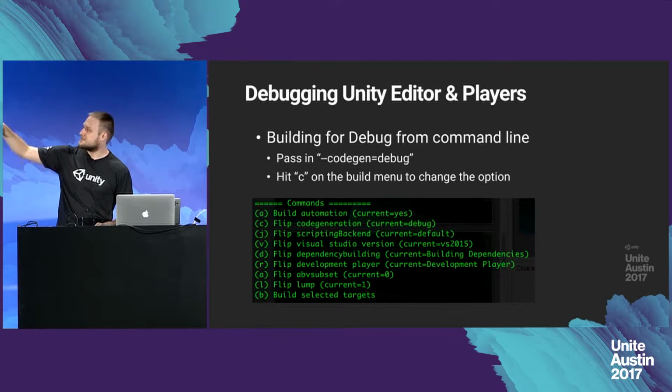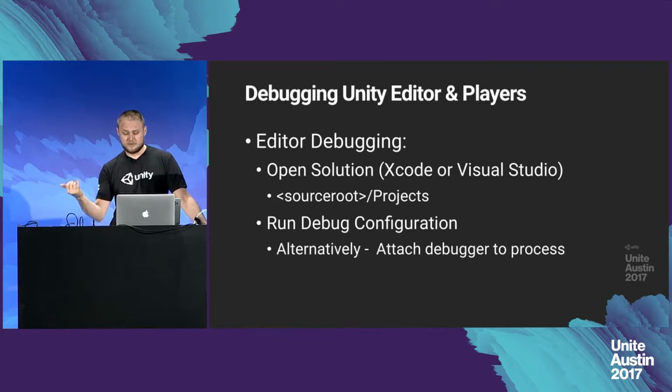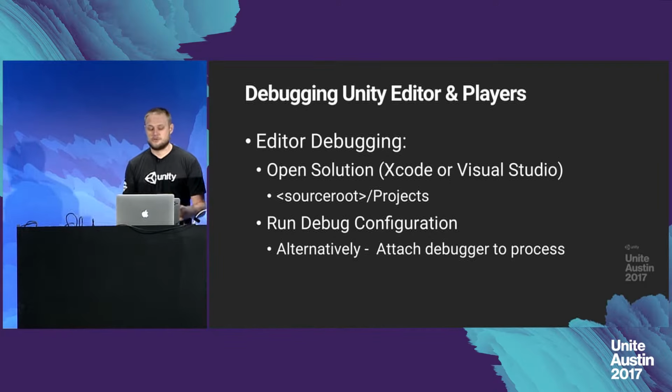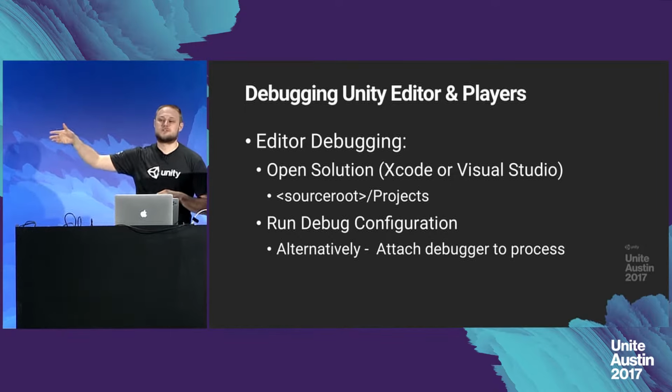You can just hit C to flip the codegen to debug, or if you want to pass the command line option, you just use codegen debug. But anyway, you need to have a debug build to get a debuggable version of Unity. Once you build, again, it's really simple. You open the solution. You can find that solution in the source root/projects.